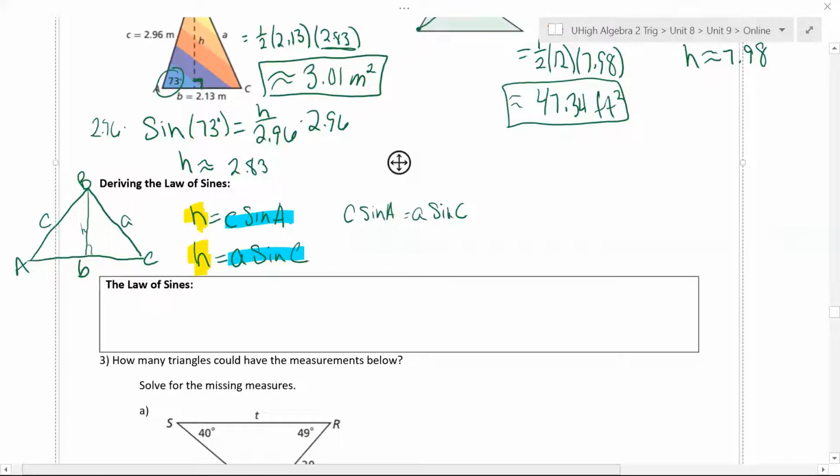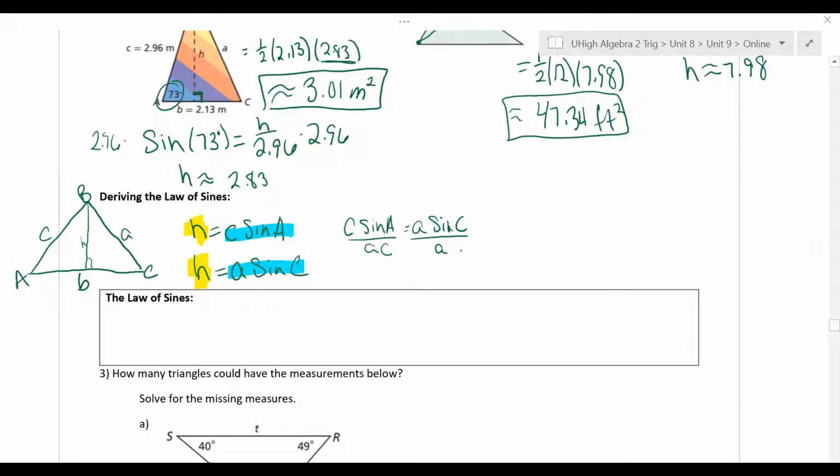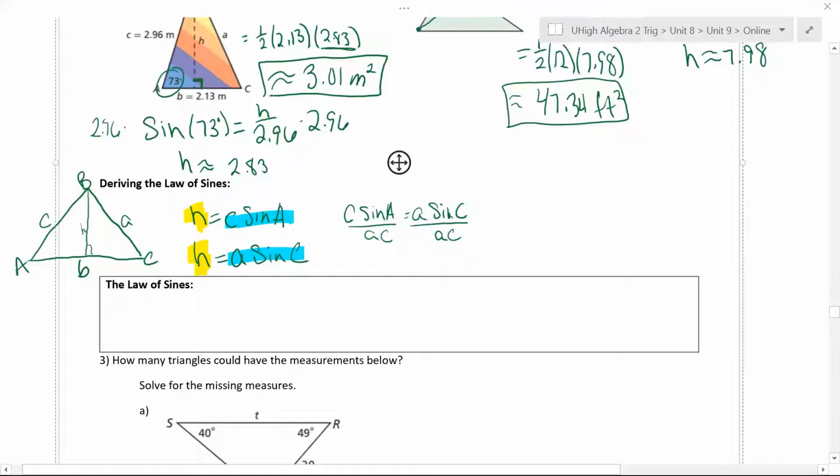What I notice here is that I can make this a little bit nicer if I divide both sides by a, and to get rid of the c on the left-hand side, I can divide both sides by c. My c's cancel out, my a's cancel out, so I'm left with the sine of A over a equals the sine of C over c.